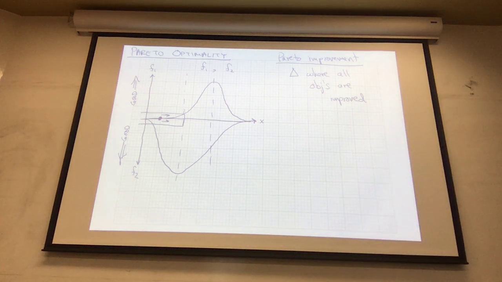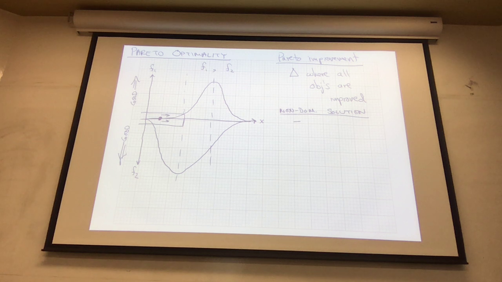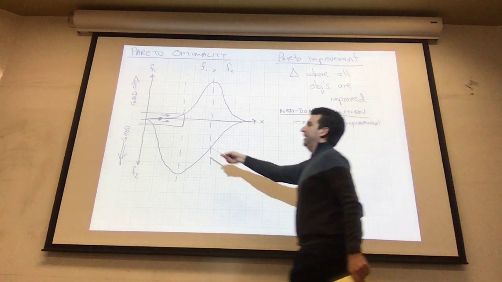A non-dominated solution is one where there is no way to make a Pareto improvement. So no Pareto improvement possible.